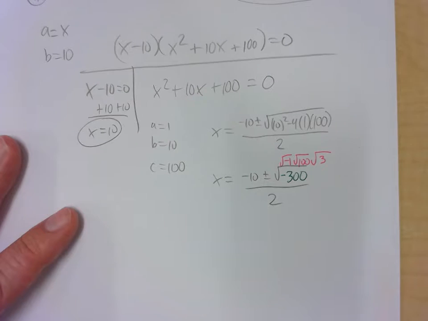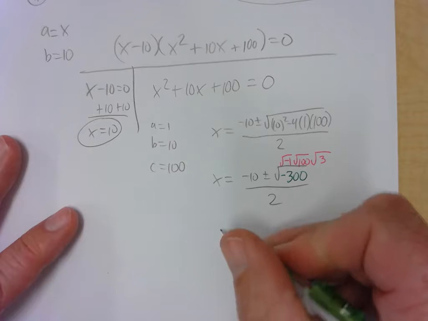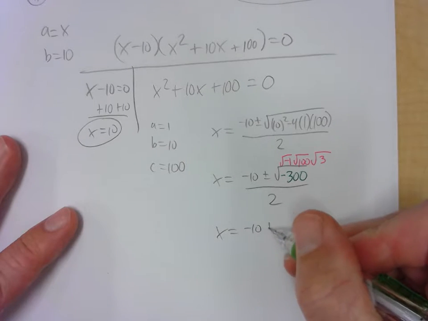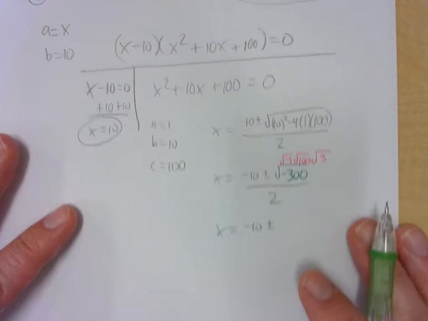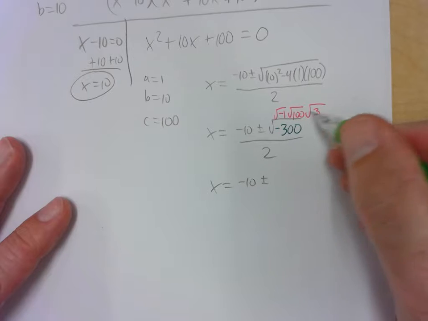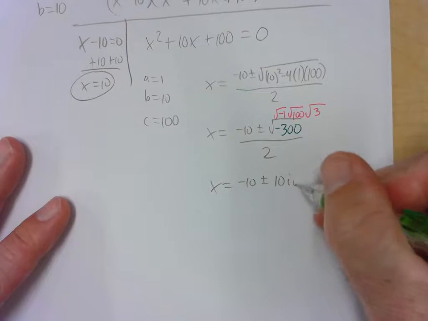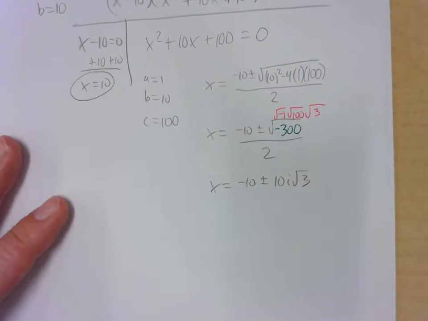All right. Now, we keep going. X equals negative 10 plus or minus 10 is this, remember, that's the i. So it's 10i radical 3, all over 2.